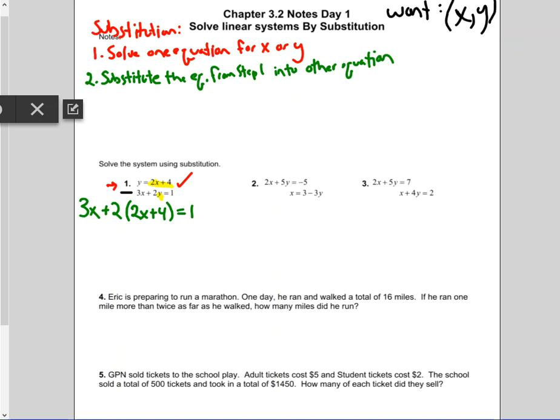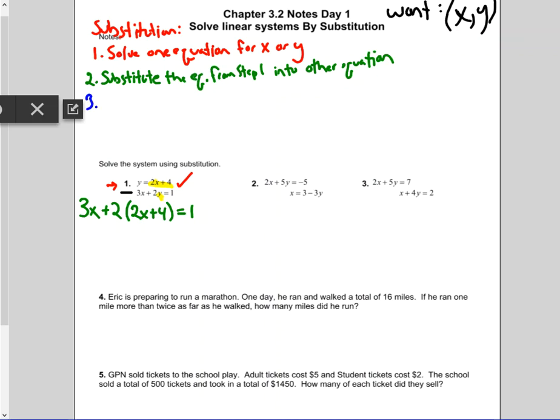And when you substitute in that quantity of 2x plus 4, make sure you've got parentheses there, because that entire thing should be multiplied by 2, where that y was. Okay.